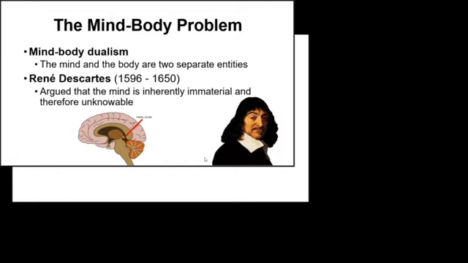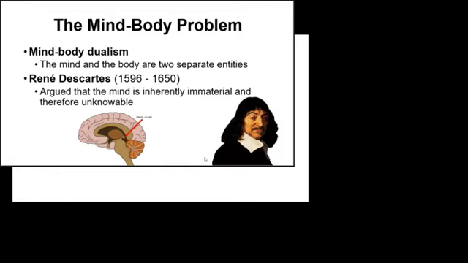They didn't necessarily agree on what other the mind might be, but this perspective would argue that because the mind was different, it was separate, and it wasn't material and measurable like the body, that there's no way that we can study it.